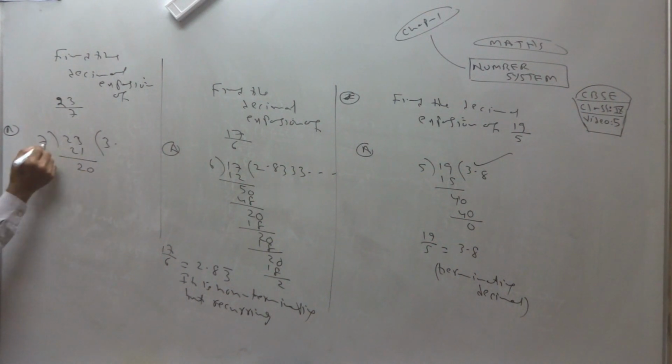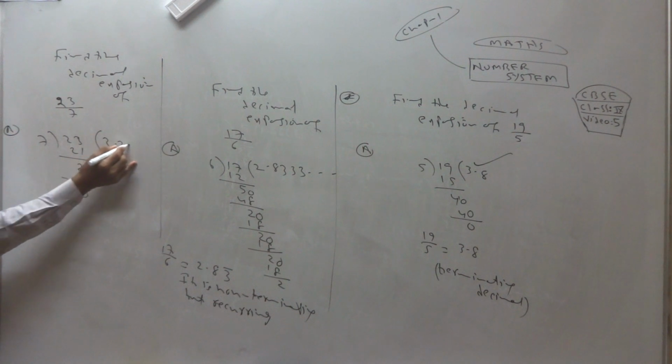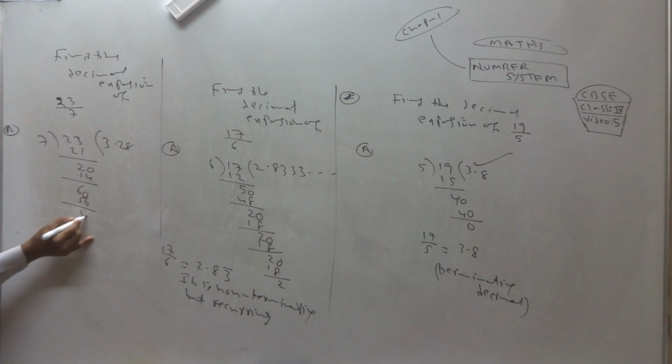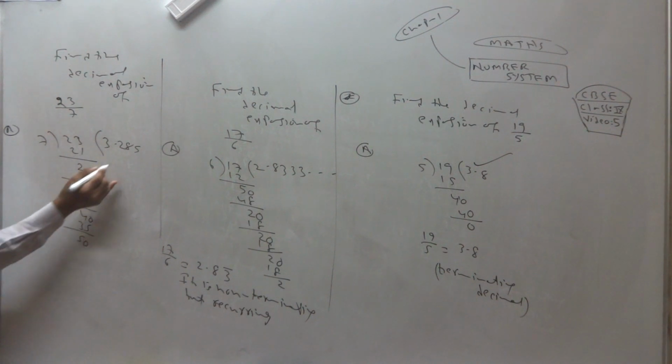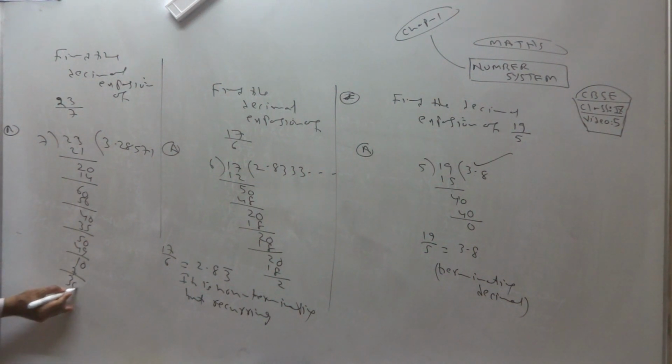Decimal, we take 0. 7 2s are 14, 6 left. 7 8s are 56, 4 left. 7 5s are 35, 5 left. 7 7s are 49, 1 left. 7 1s are 7, 3 left.